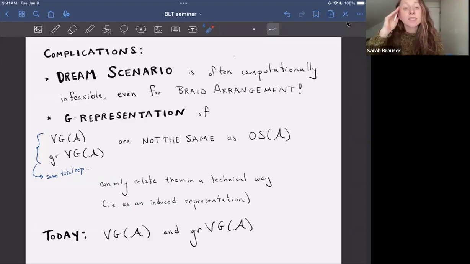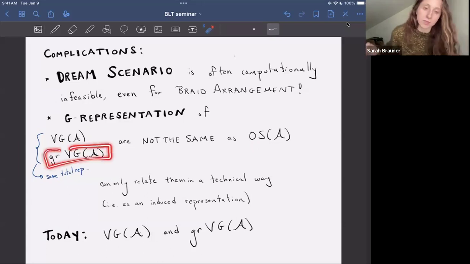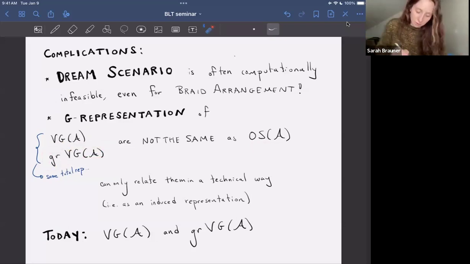Is that right? Yeah, exactly. Yeah, thanks. And so the total representation even for the Orlik-Solomon algebra is not the same. But then within this associated graded we will decompose the total representation on the Varchenko-Gelfand ring, as Graham's saying.